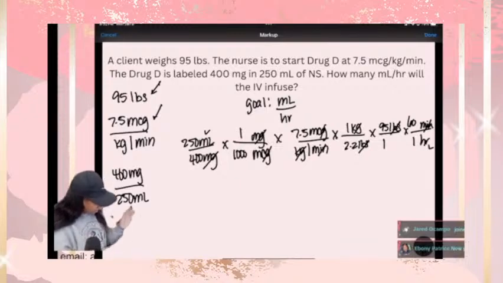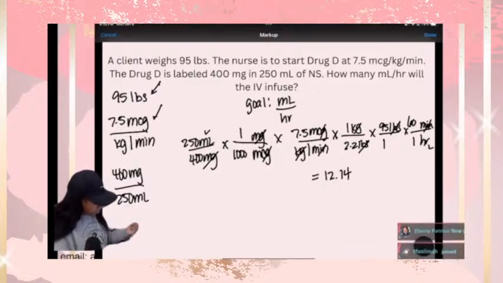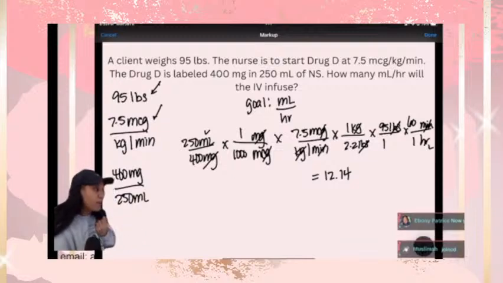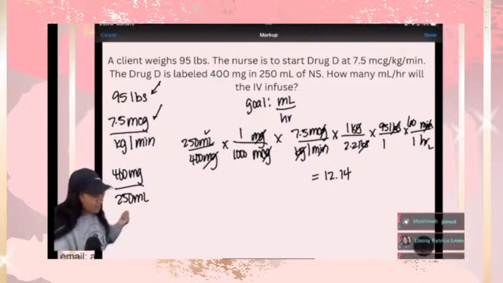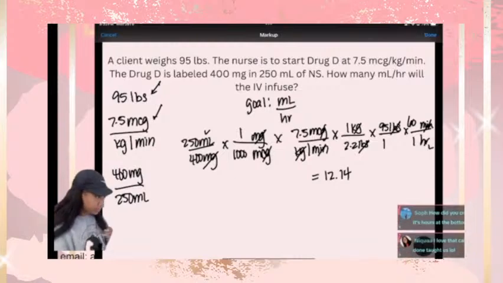And you're like, okay, it got big. Yeah, it got big real quick. So just keep it in the calculator, and this is what I came up with. 12.14. If we round it to the nearest tenth, it'll be 12.1. If we rounded it to the nearest whole number, it'll be 12 milliliters per hour. Just depends on what is being required of you.